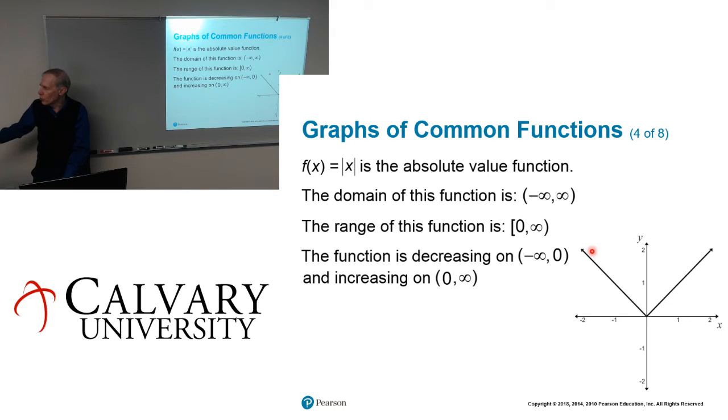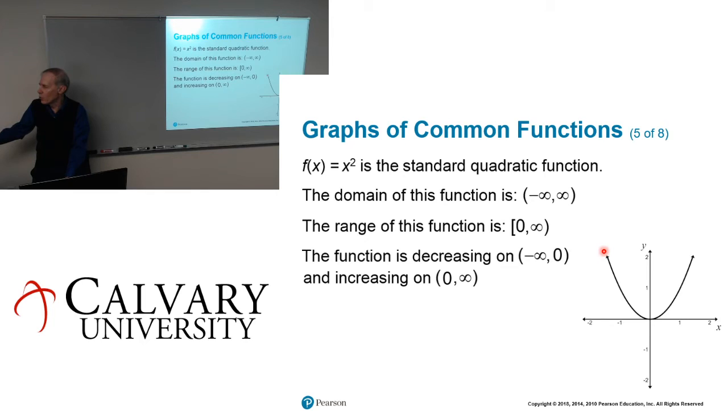The absolute value function, if you recall, the absolute value is a mathematical formula whereby a negative number becomes a positive number, and a positive number stays itself. So the absolute value function will look like this, where there's a restriction on the range since the range only is positive.